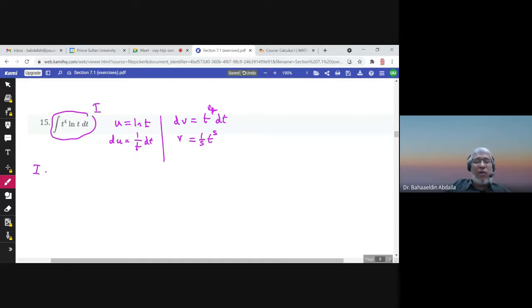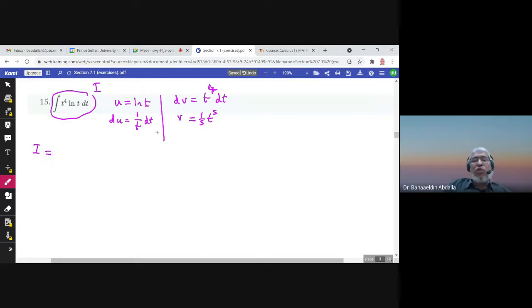would be equal to u times v. So 1 over 5 t to the power 5 ln t minus integral v du. So it's 1 over 5 t to the power 5 times 1 over t dt.